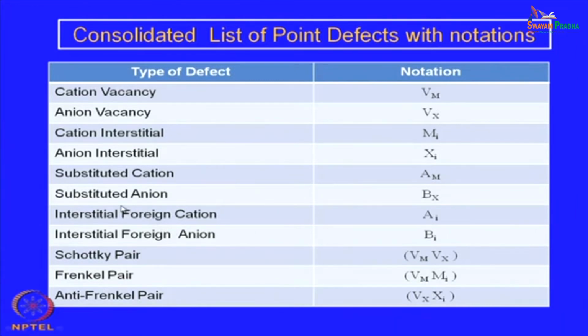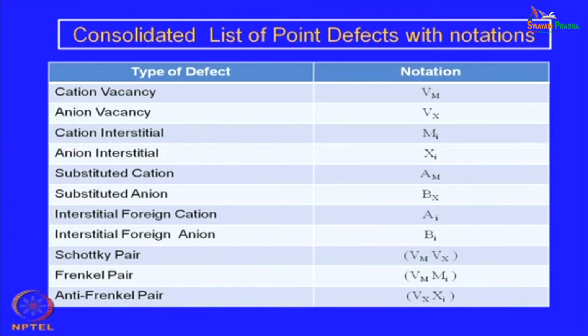Substituted anion: if an anion is getting substituted, just like metal is getting substituted, so B goes and sits at the X site, that is the oxygen site, it will be Bx.